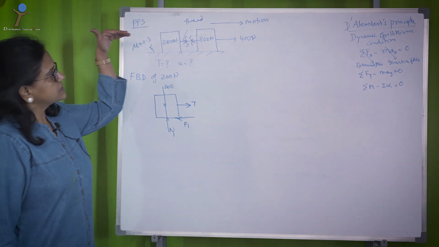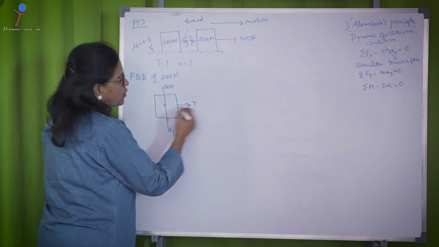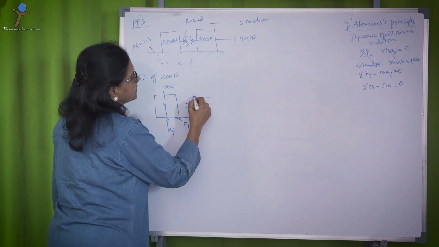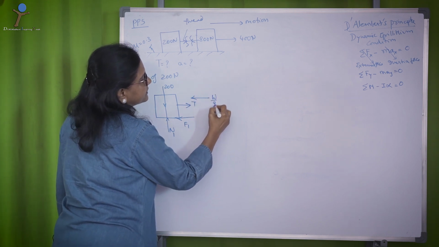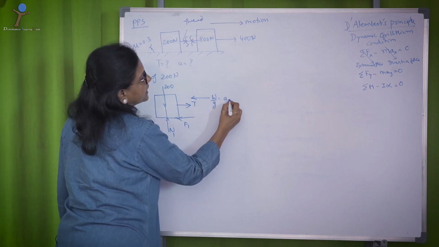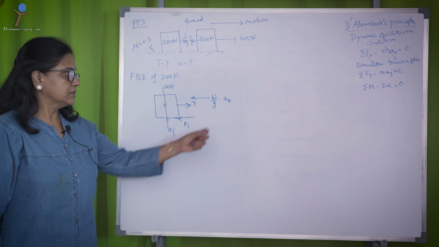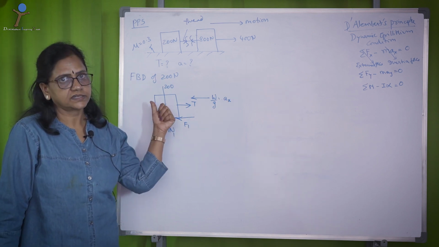Now, since the body is moving in the right direction, there is an inertia force which is given as W by g, or I can say W1 by g into Ax. I am showing the suffix x as acceleration in x direction.